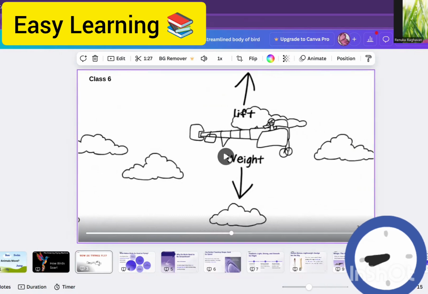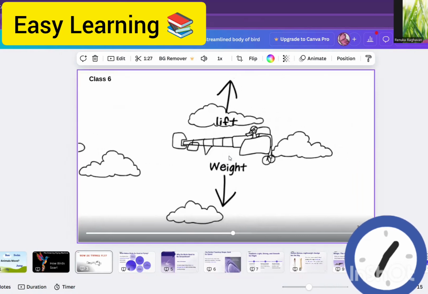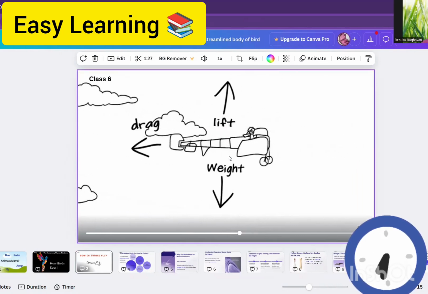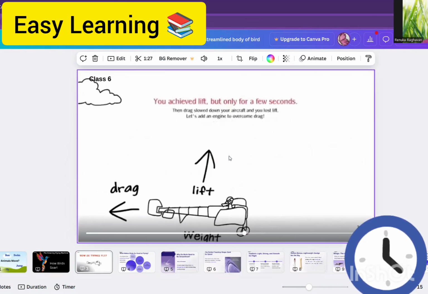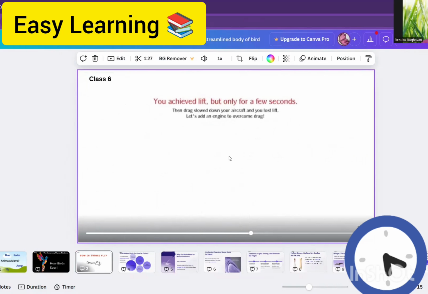So there is lift, weight is also balanced, and he's flying for a few seconds. And after that, what happens? There is a drag force behind the plane, so that again the plane will fall.